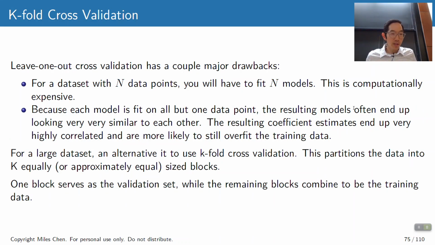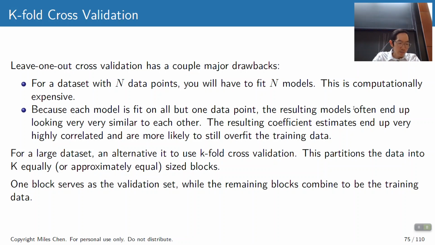There are some downsides to leave one out cross-validation. One is that it is computationally expensive. If you have a big data set with, say, 100,000 observations, leave one out cross-validation requires you to fit your model 100,000 times, one for every single observation. So if you have big N, you've got a very expensive process.